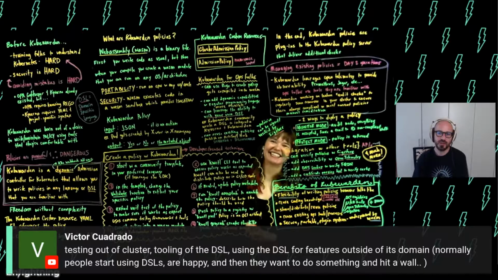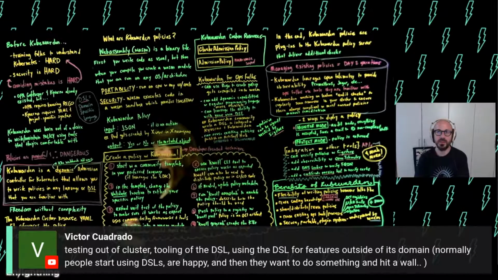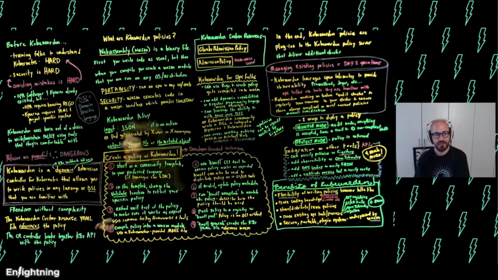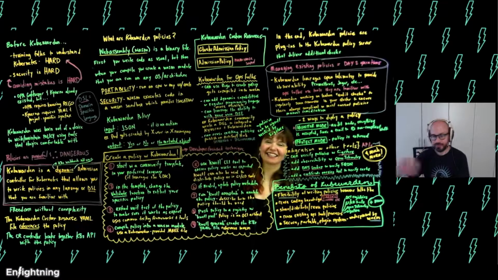So I guess it goes back to the question that we had before, are there other examples about when to not use a DSL? The thing is, there is this path most of the time where at one point you hit a wall, as Victor said, and the DSL suddenly is no longer enough for you. So when you reach this point, you have two possibilities. You can convince the authors and maintainers of the DSL to enrich the DSL with functionality you need, and maybe this is doable. Maybe this is not even doable technically speaking.